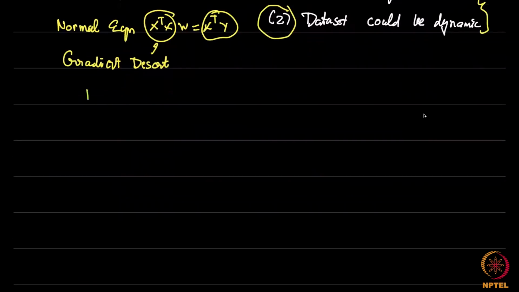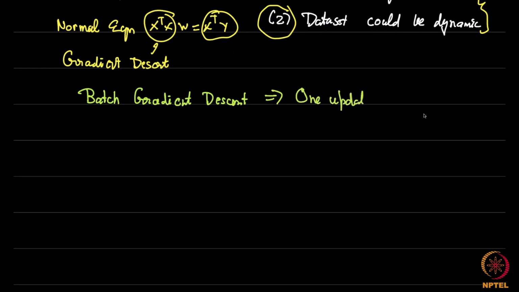What we have done is this version of gradient descent, the vanilla or normal version, which is called batch gradient descent. Batch gradient descent means that one update requires the full data set.